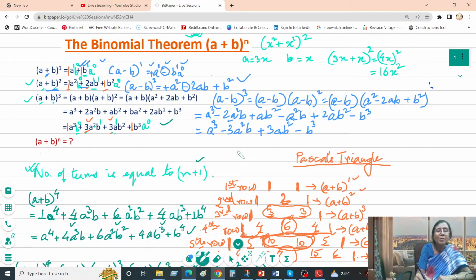So you see the difference. This is a cube plus 3a square b plus 3ab square plus b cube. And this one is a cube minus 3a square b plus 3ab square minus b cube. So it starts with a plus sign.